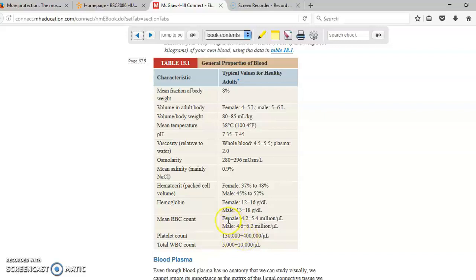In the case of the red blood cells, females are usually 4 to 5 million per microliter. Males are going to be 4 to 6 million per microliter. Pay special attention: the units here are going to be microliters. Also, don't forget the red blood cells are in millions, platelets are in the 100,000s, and white blood cells are only in the 10,000s.